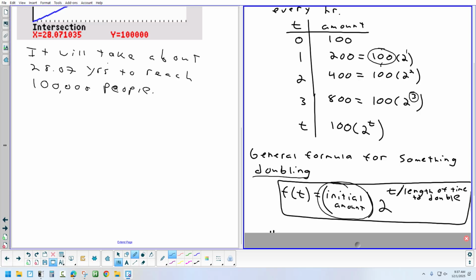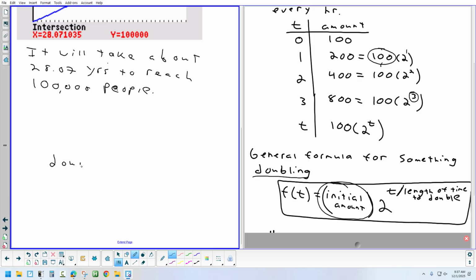But let's say you had something that doubled every 3 hours. After 6 hours have gone by, has it doubled 6 times? No. How many times would it have doubled after 6 hours if it doubles every 3? It would have only doubled twice.